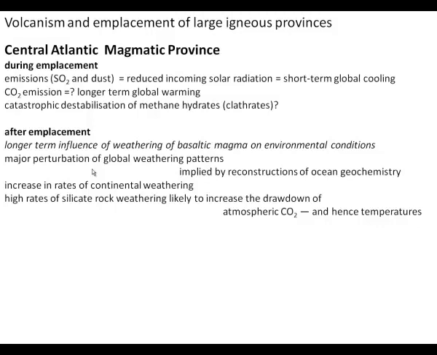Of course, if we're going to start to weather these basalts, high rates of silicate rock weathering are a mechanism by which, on a geological timescale, we could draw down atmospheric CO2 and induce global cooling for a sustained period of time.